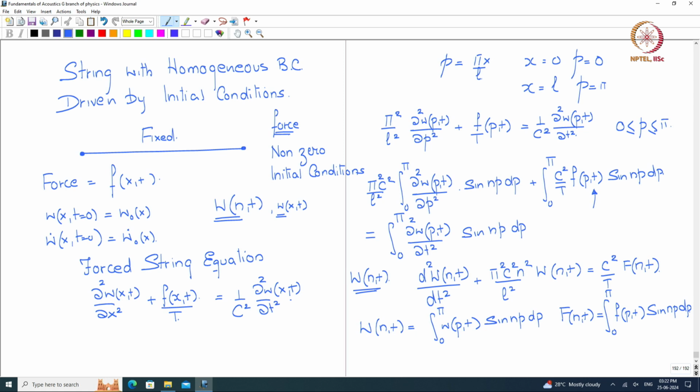So this is just the simple harmonic oscillator with a forcing on the right. Let me just do this over here.